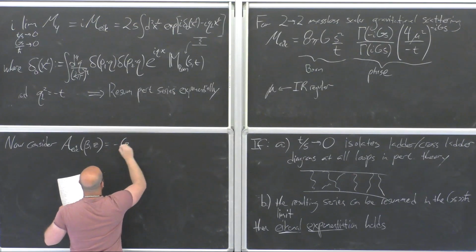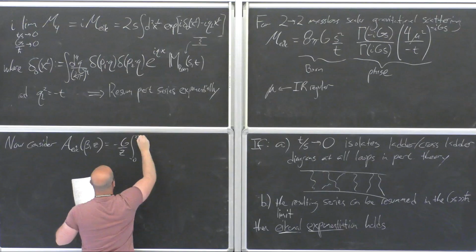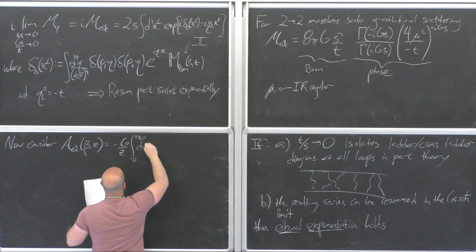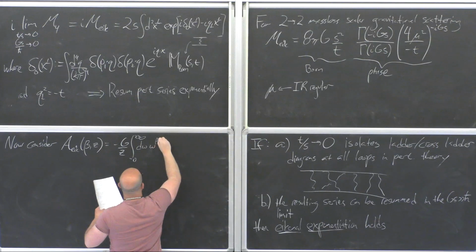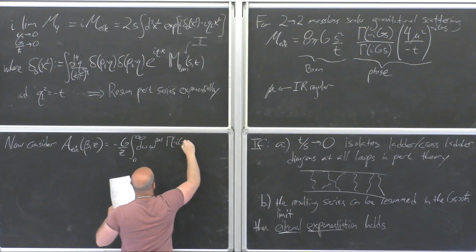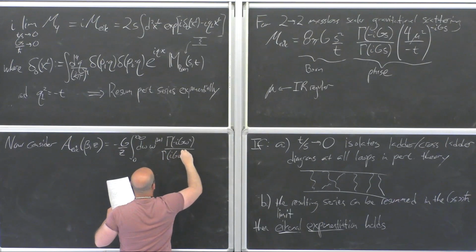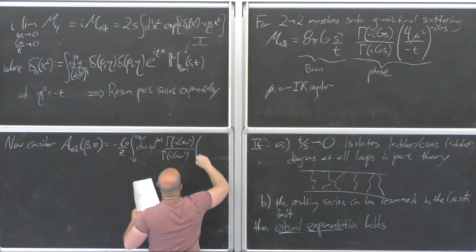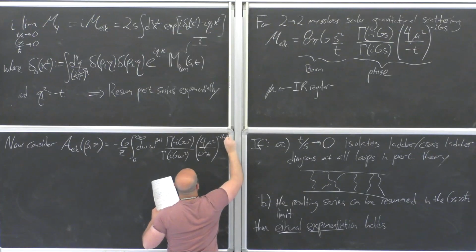This is minus g over z, integral 0 to infinity, d omega, omega to the beta plus 1, gamma minus i g omega squared, gamma i g omega squared, 4 mu squared omega squared z minus i g omega squared.